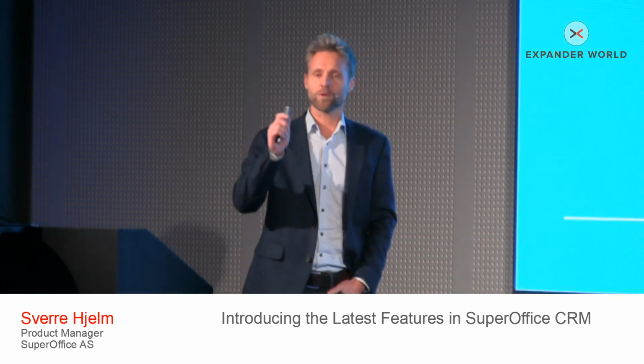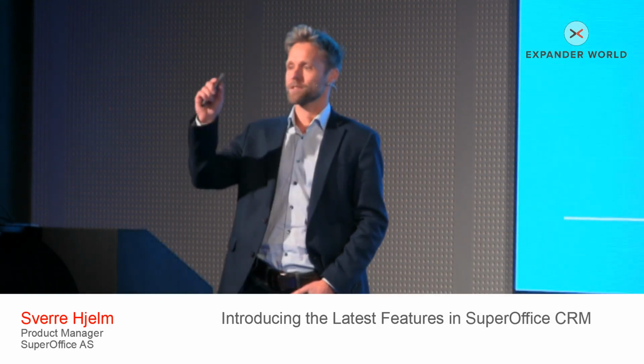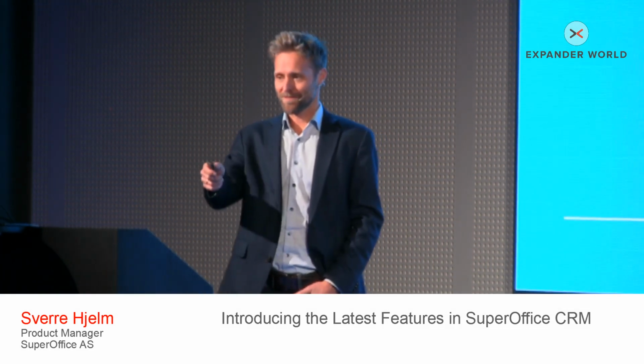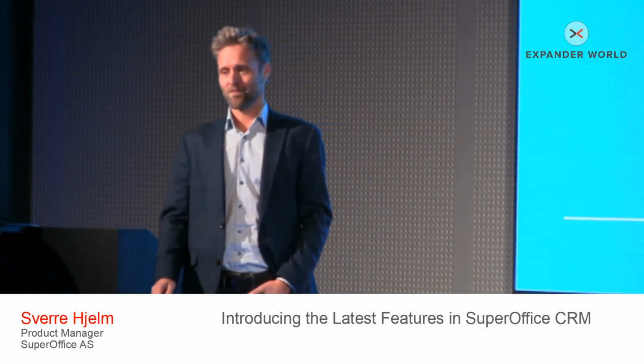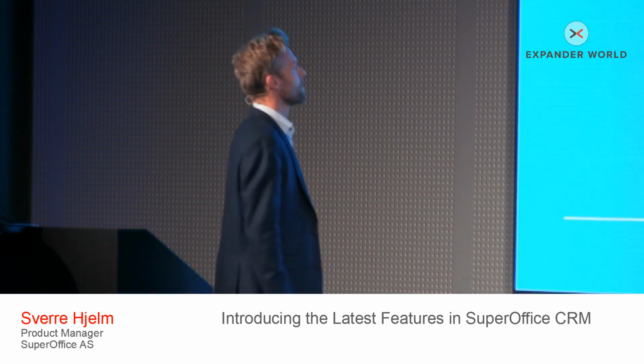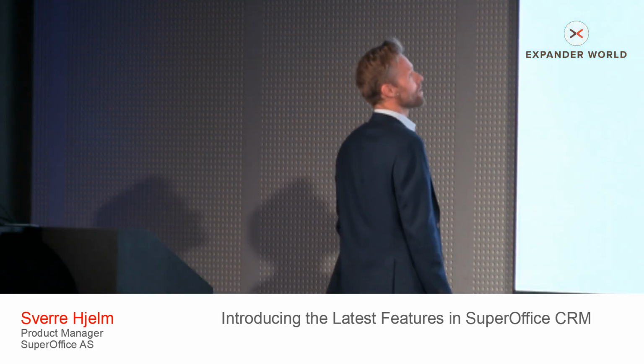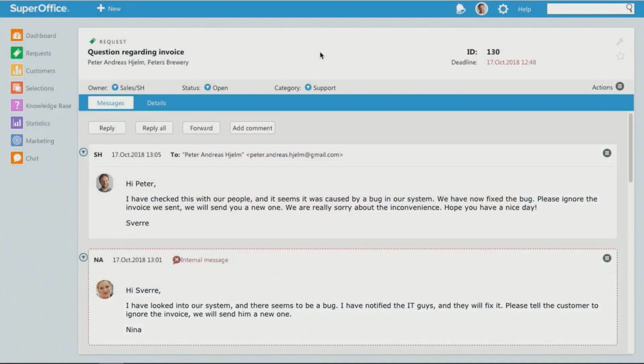What is the single most important screen in service? Which one? Yeah, view request, view ticket, right? And so it looks like this. And people are spending hours and hours and hours in this screen, and what we are hearing is that if there's a lot of messages, it's kind of difficult to get a good overview.